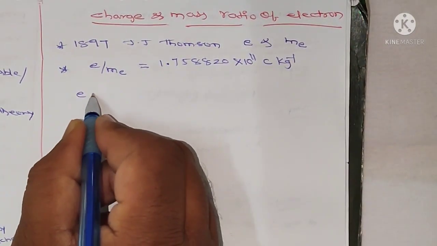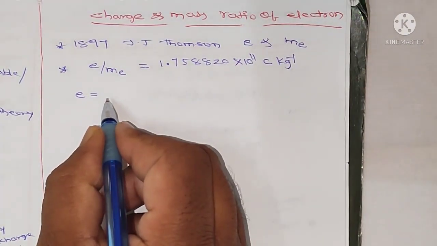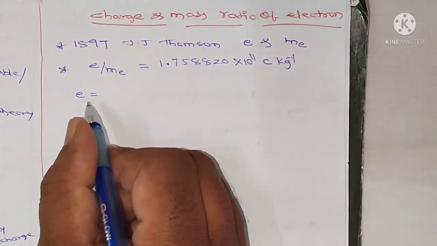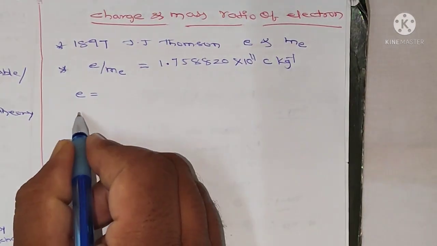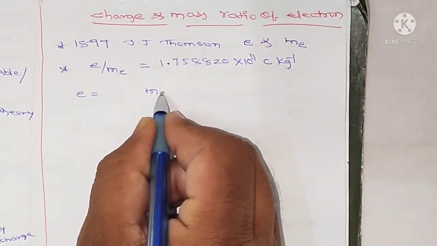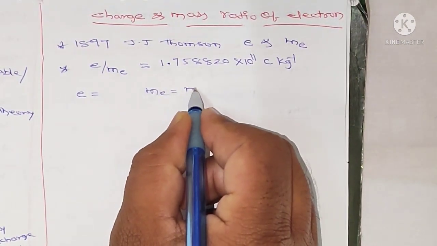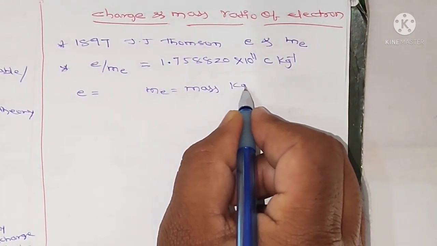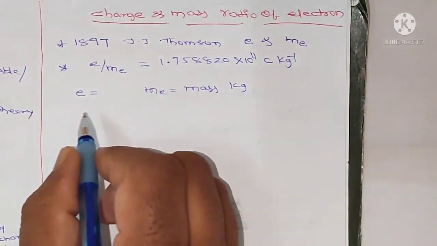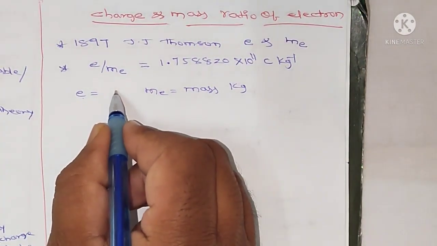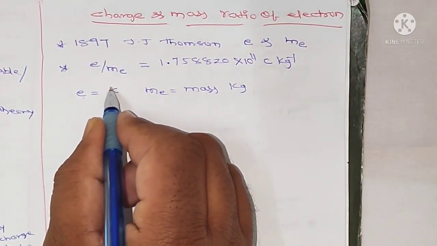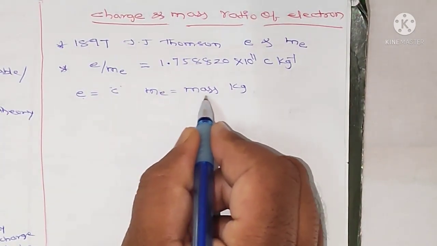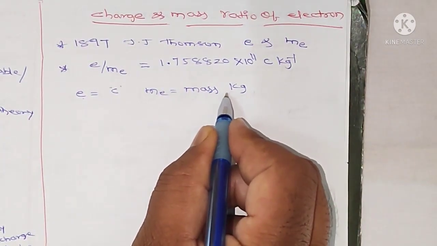Here e is the magnitude of electron charge in coulombs and Me is the mass of electron in kg.